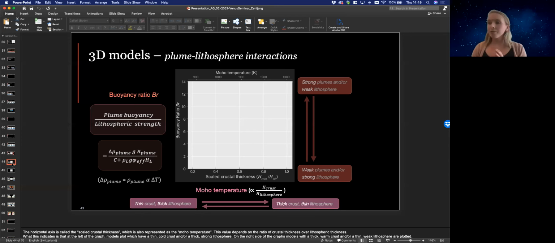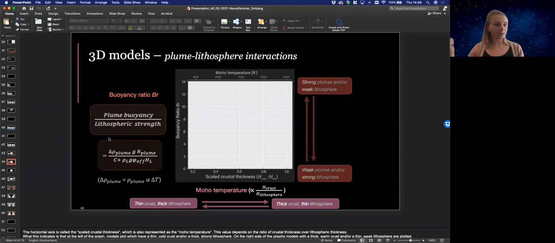I have also run models where this melt-induced weakening effect is less, which then contributes to the lithospheric strength. And this is really determining whether this plume can break up the lithosphere or not. And then the background temperature profile is key for what happens when the plume has broken up this lithosphere.